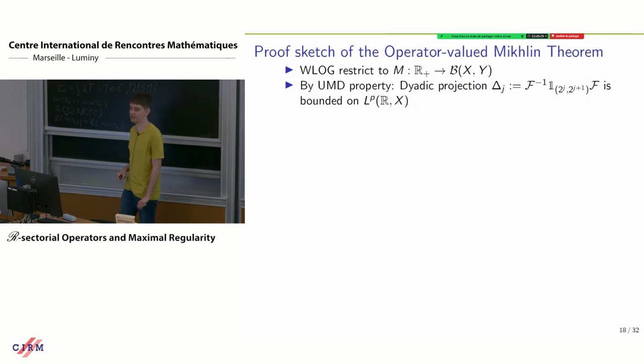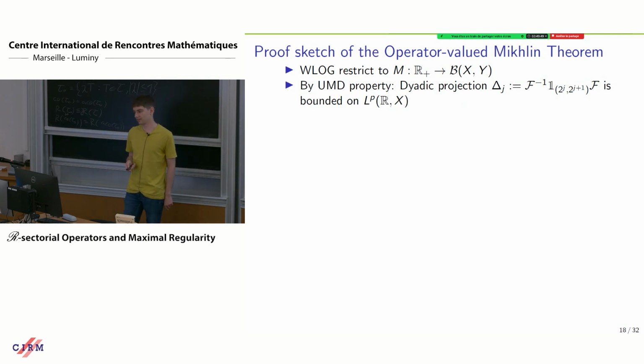Why is that? Because we have seen earlier that the UMD property is equivalent to L^p boundedness of the Hilbert transform. And the Hilbert transform corresponds to the multiplier for the signum function. And from the signum function, you can build the multiplier for those characteristic functions.